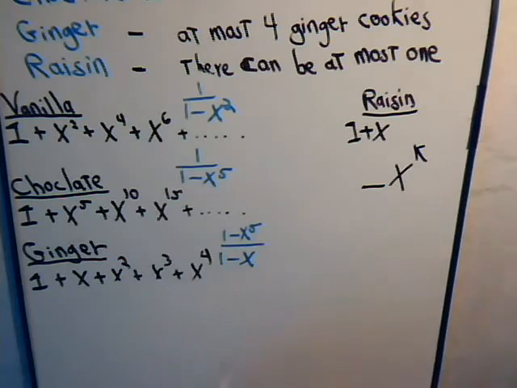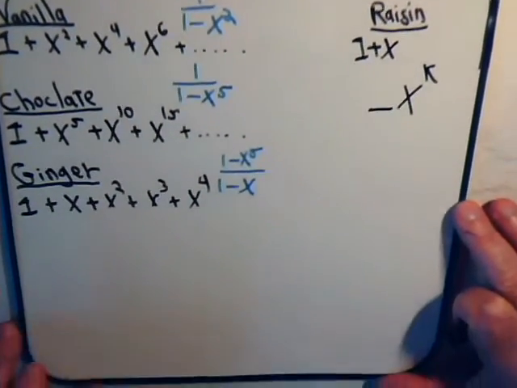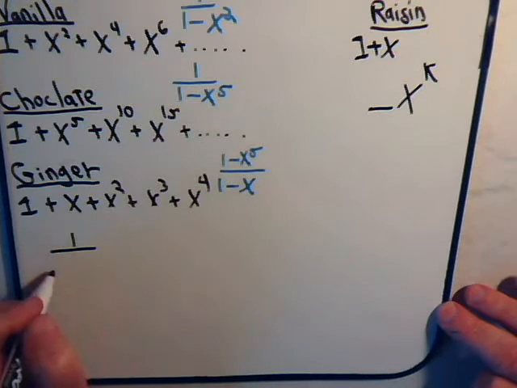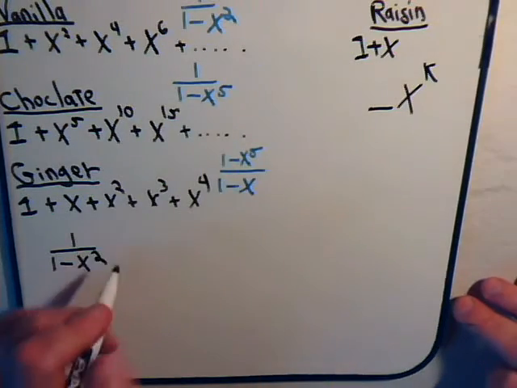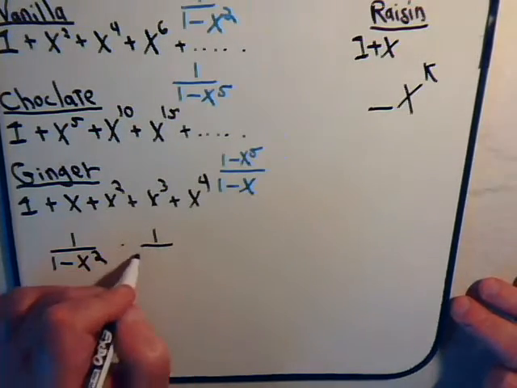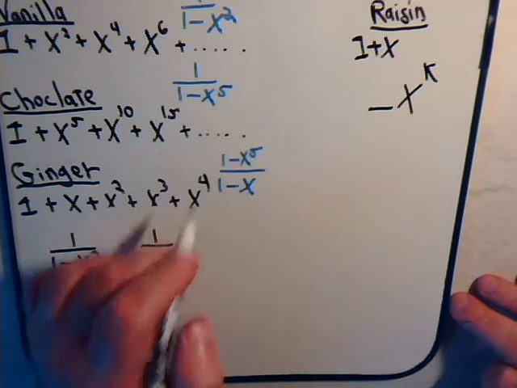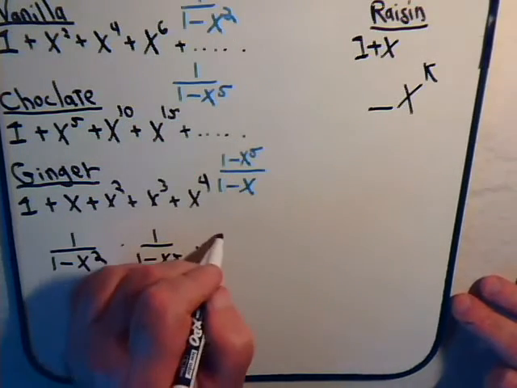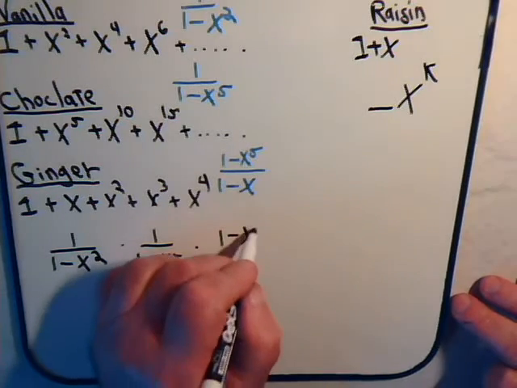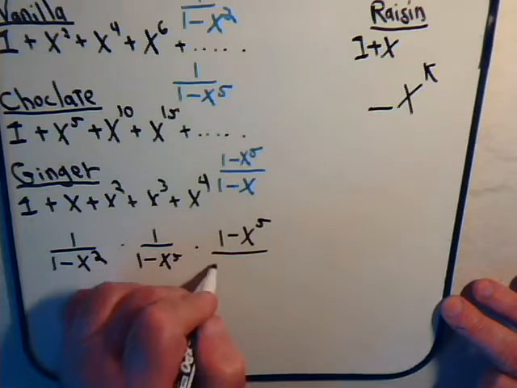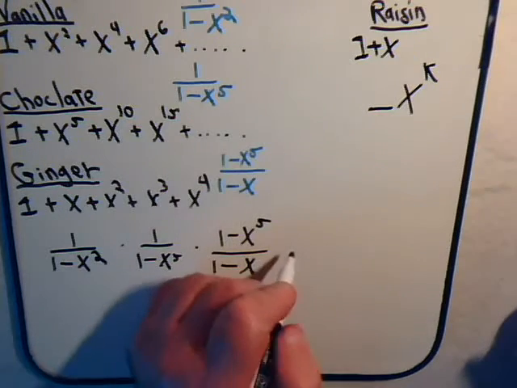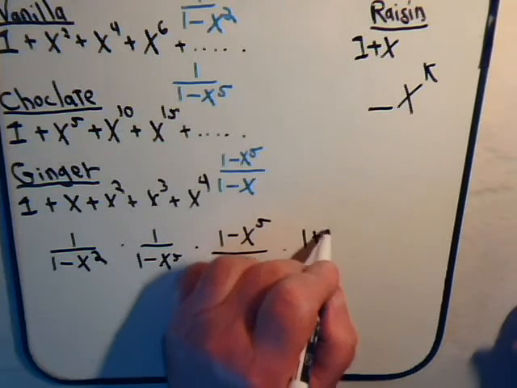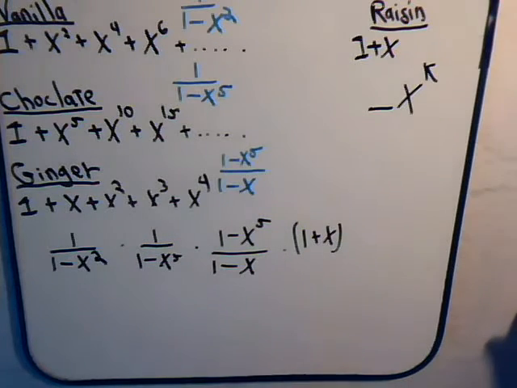So, here we have 1 minus x squared times 1 minus x to the 5th times 1 minus x to the 5th divided by 1 minus x times 1 plus x. Now we've multiplied all these generating functions together.